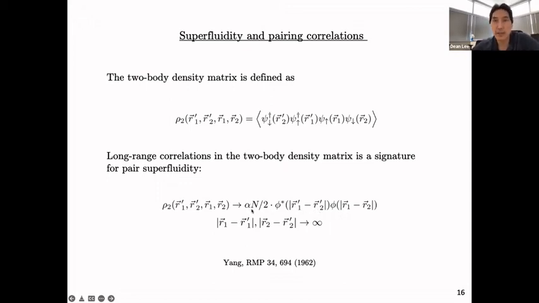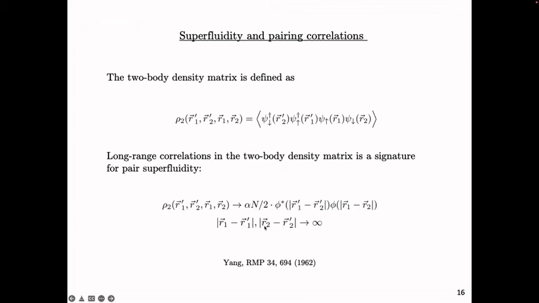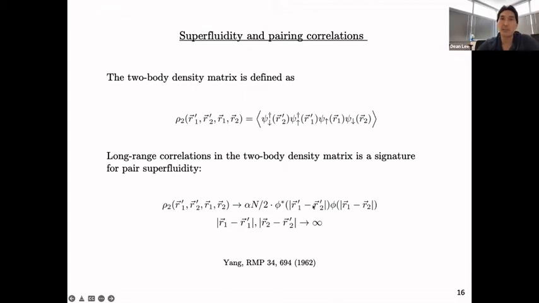And then there's this factor here, which is the condensate fraction alpha times the total possible maximum number of pairs, which is N over 2. And so you'll see this in the limit that the separation between the unprimed and the primed coordinates goes to infinity.